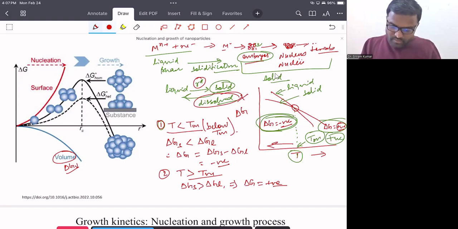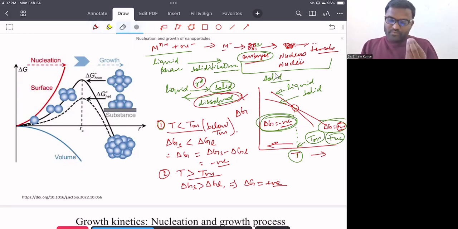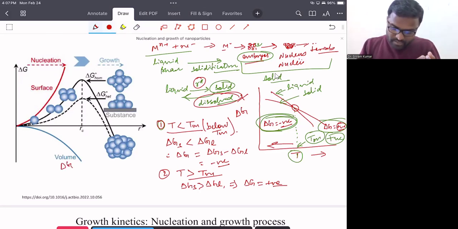So from liquid to solid, there is formation, and based on that there is volume growth, right? And because of that volume growth, we have delta G that is negative. From that volume contribution, we have negative values.